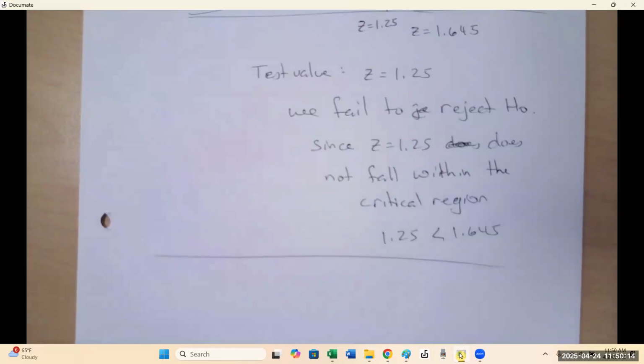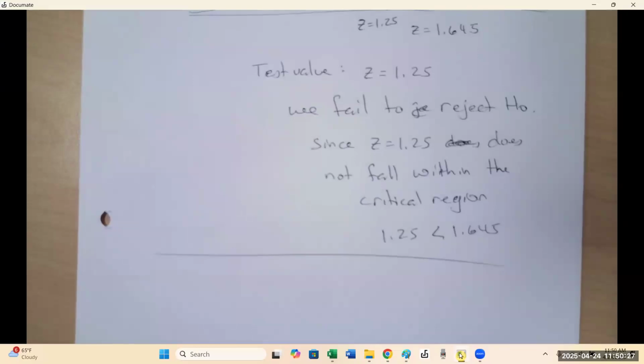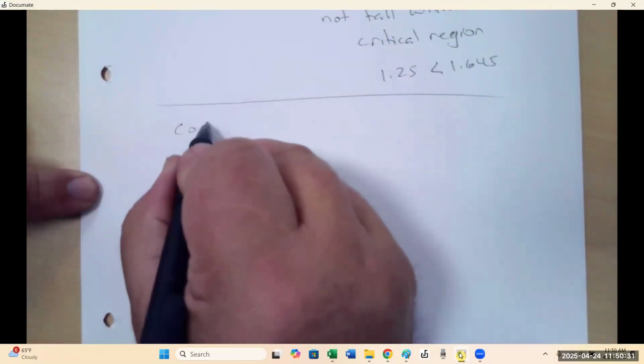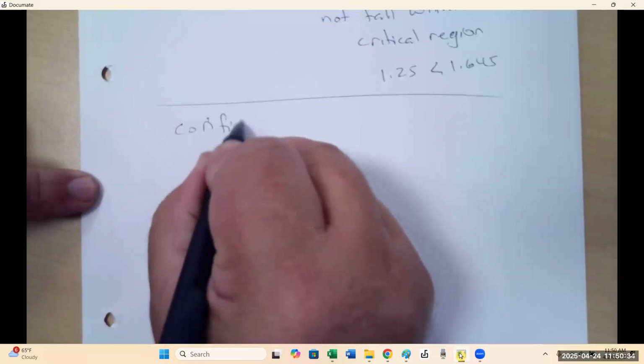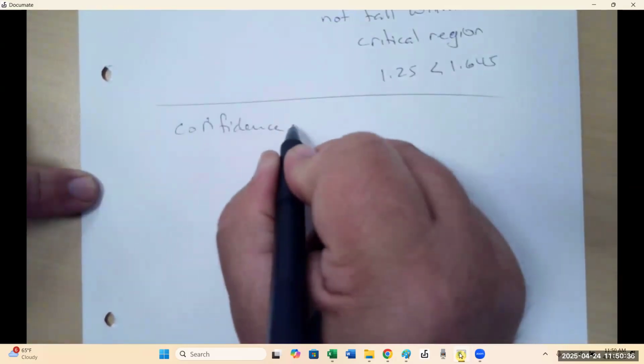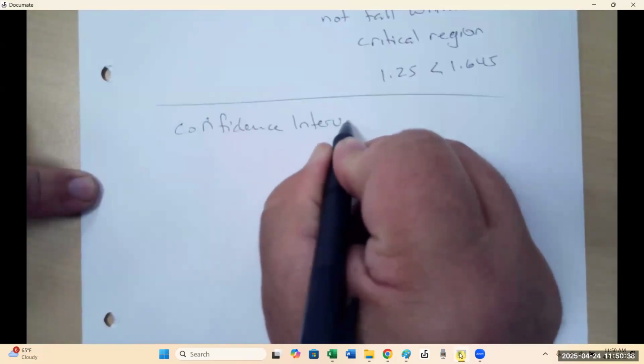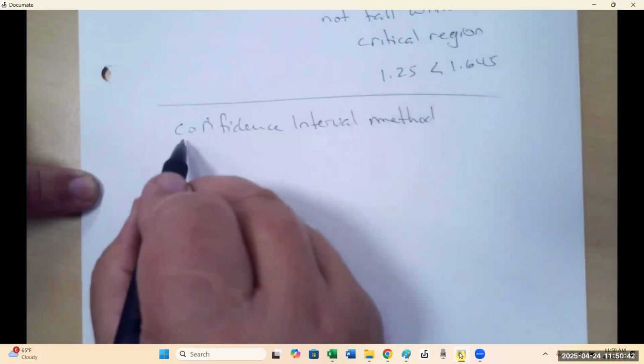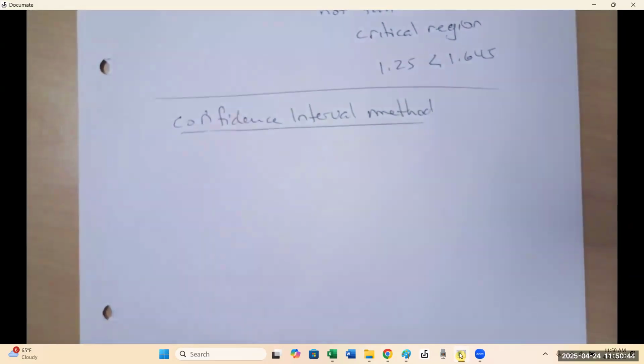So pretty much the p-value method and the critical value method are the same things. We'll get the same solution, pretty much the same numbers, because they're based on the same information. However, the third method is the confidence interval method.